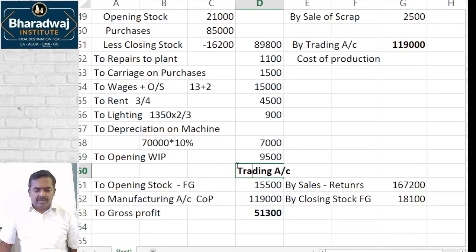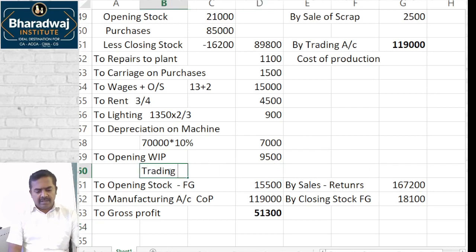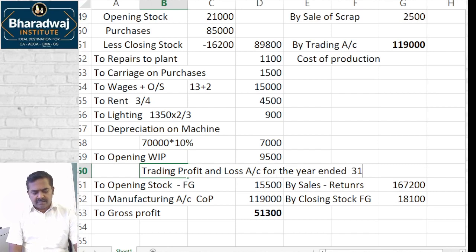Maybe we can have a common title also. Instead of having a trading account, we can just have a trading profit and loss account, for the year ended 31st March 2020.